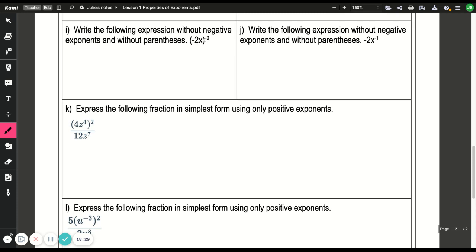So right now it's not written as a fraction. If I have a negative exponent, I need to move it to the other side of the fraction. So if it's not written as 1, that means, remember, it's automatically over 1. So I'm going to take this whole thing, because it's all grouped together in parentheses, it's all one thing, and move it to the bottom of the fraction to change that exponent to a positive.